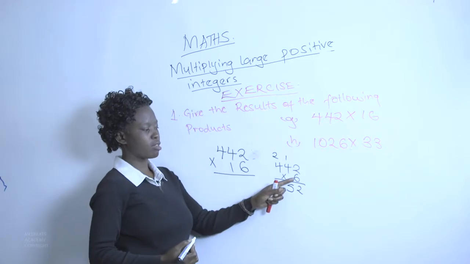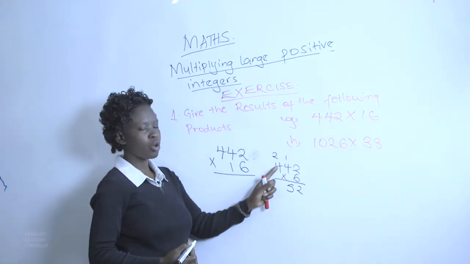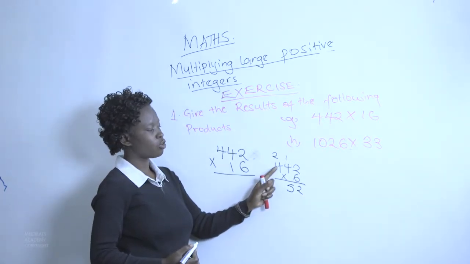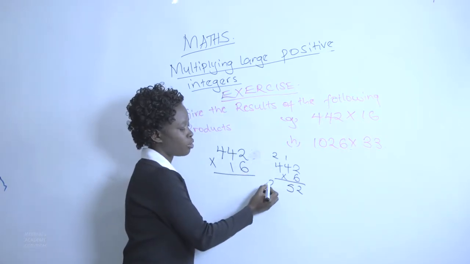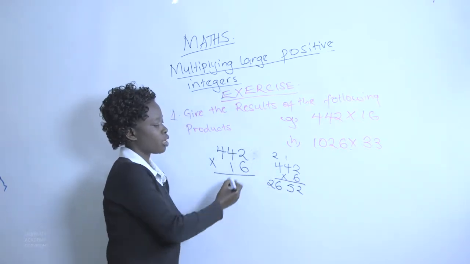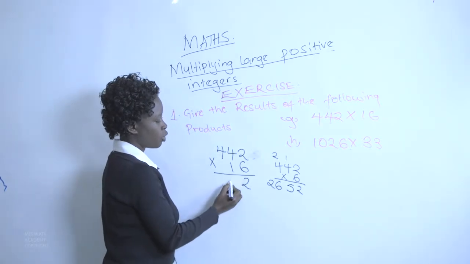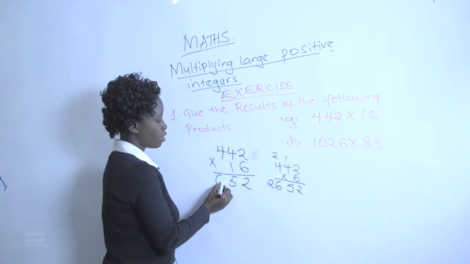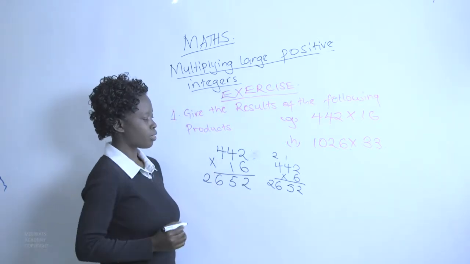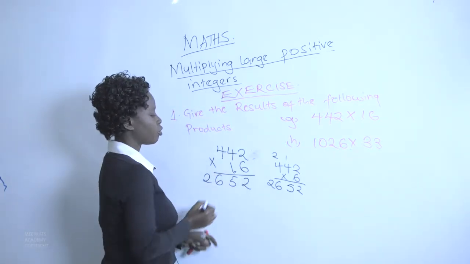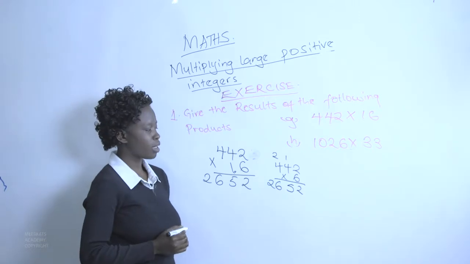Then we have 6 times 4, which gives us 24. 24 plus 2, we get 26. So we come and transfer our details here. So we have 2, 5, 6, 2. Then we go ahead to the next digit in the tens place value.